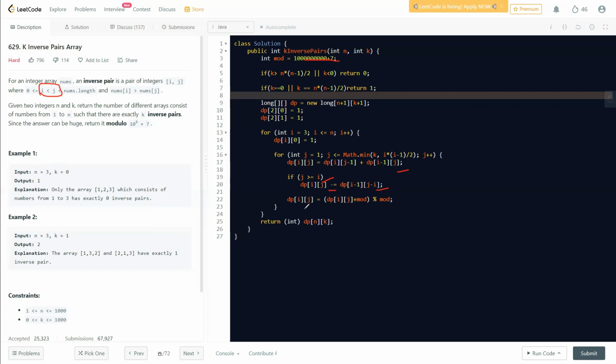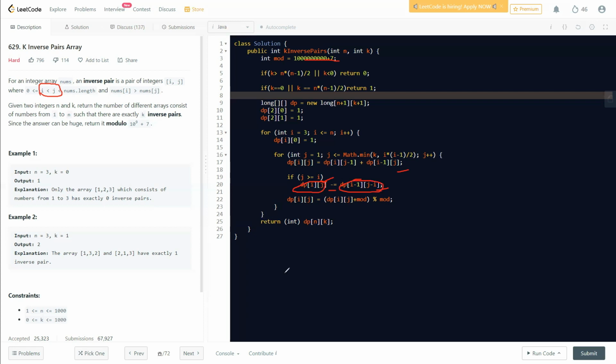Because both dp of i j and dp of i minus 1, j minus 1 are modulo 10 to the power 9 plus 7, we cannot guarantee that the former is larger than the latter. There's no guarantee.